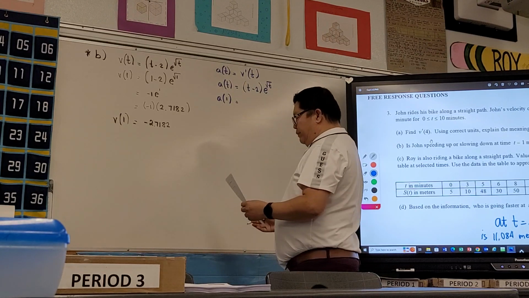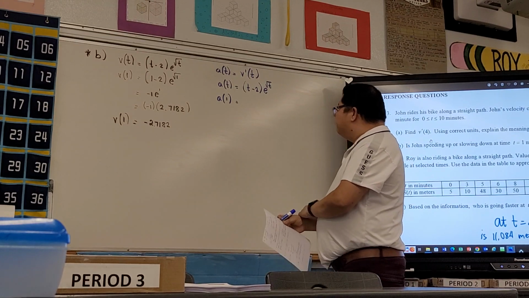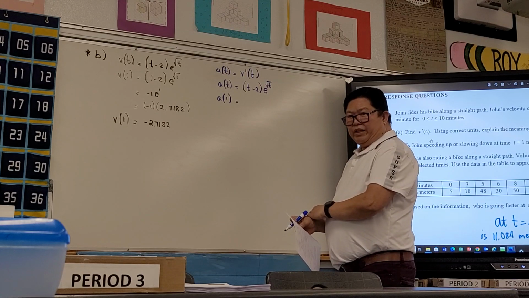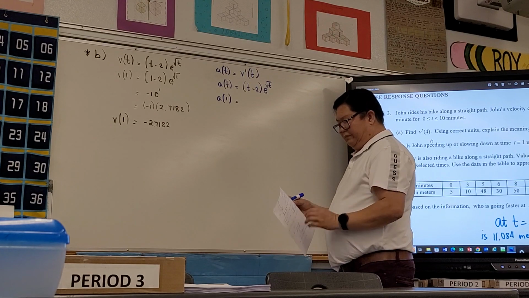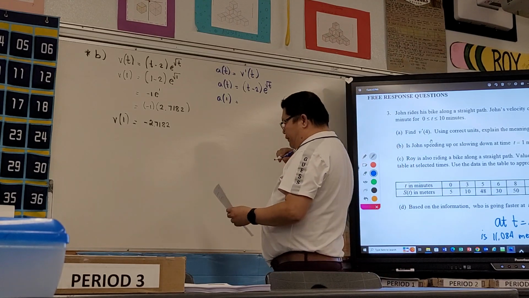So to be evaluated at t is equal to 1. So can you use calculator to take the derivative?